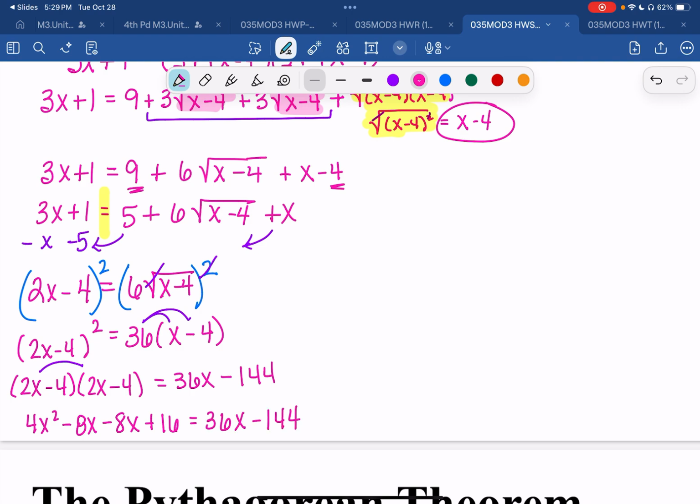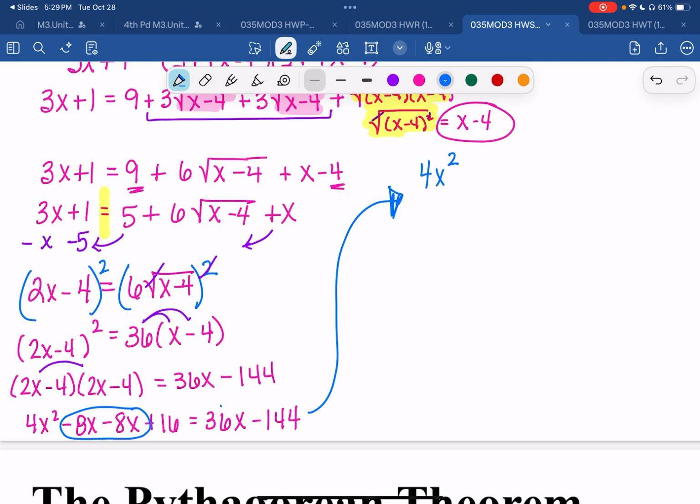Okay, so I've got a quadratic equation. To solve a quadratic equation, we've got to get this equal to 0. All right, so I'm going to move up here so I've got some more space. I need to get everything on the left side so I can set this equal to 0. So 4x squared is going to stay on the left. I need to combine all my x's. Here I've got negative 16x.